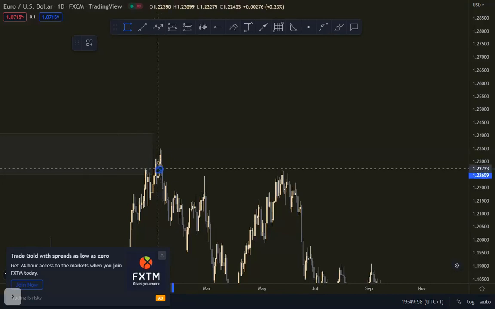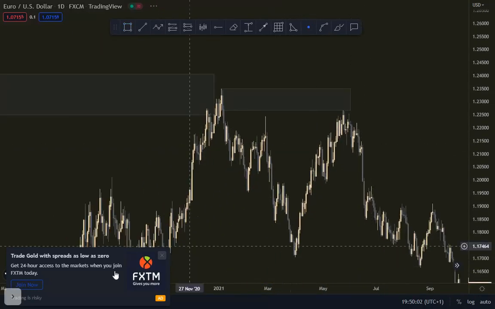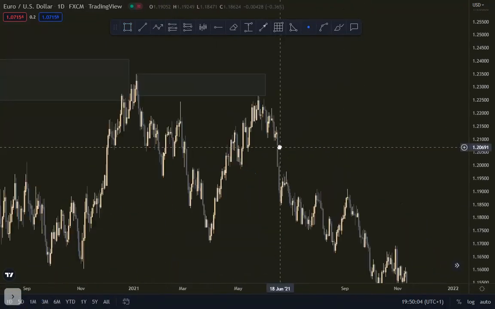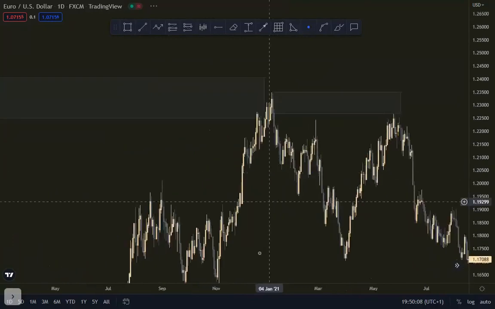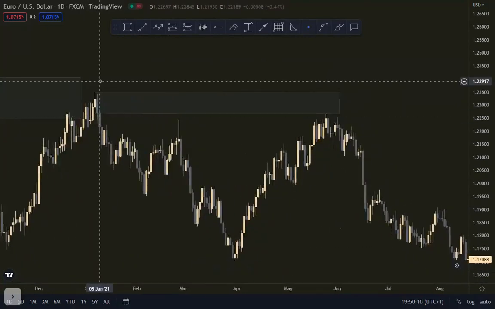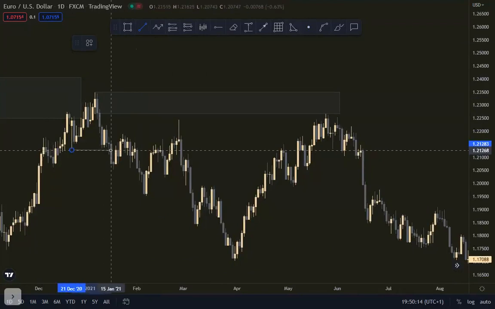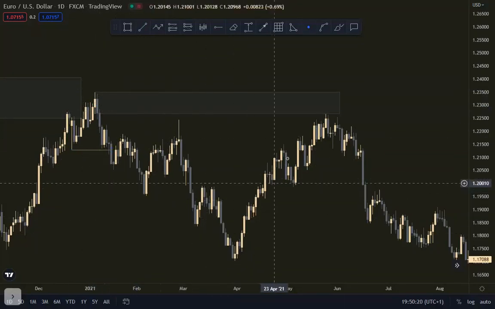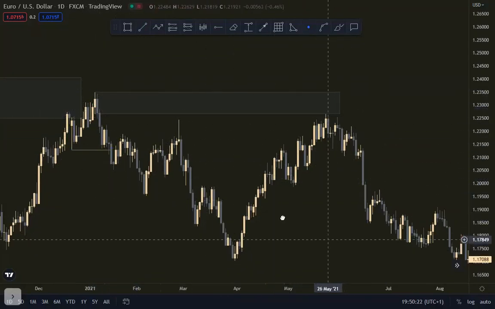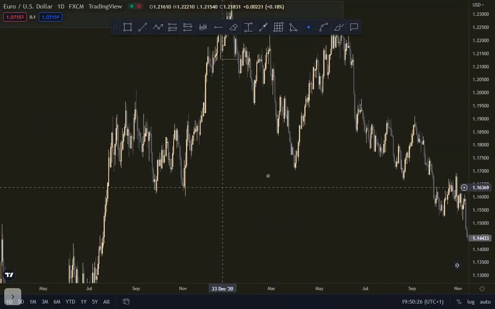You can take the whole candlestick. What do you see? A push that broke structure. You can see that this particular push broke structure here. Price still came back, tapped, and then dropped.